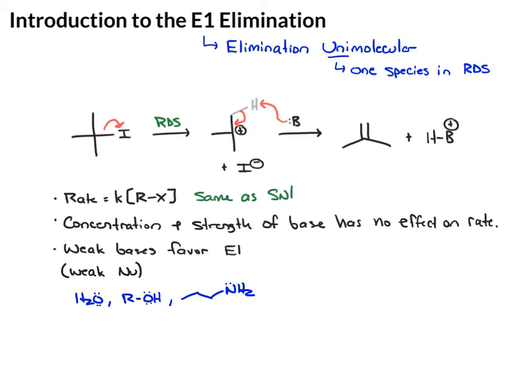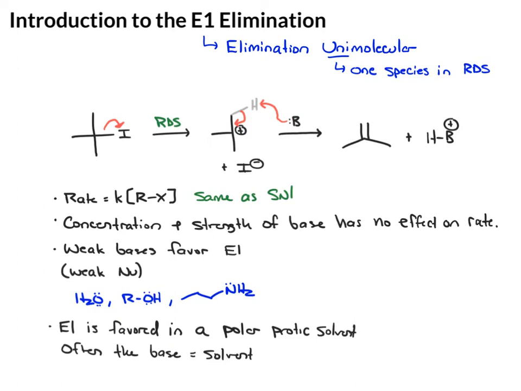Also, like SN1, the base often is the solvent. And that solvent tends to be a polar protic solvent. That's what's best for E1 because, like SN1, you're forming the carbocation and the leaving group with a negative charge. And polar protic solvents stabilize both of these species.